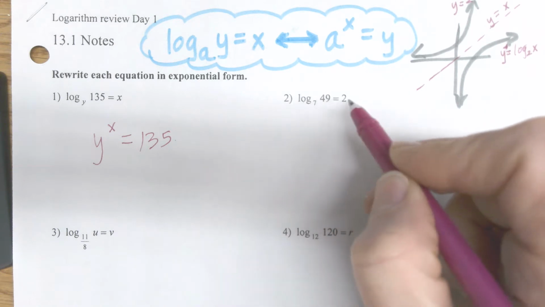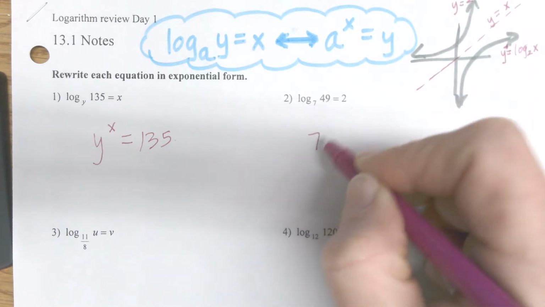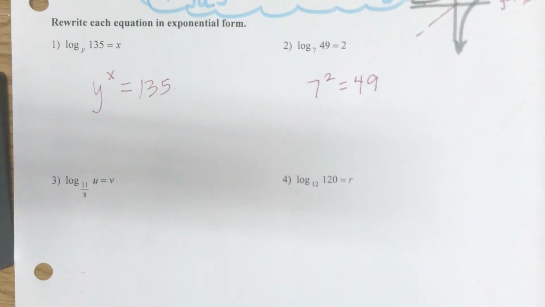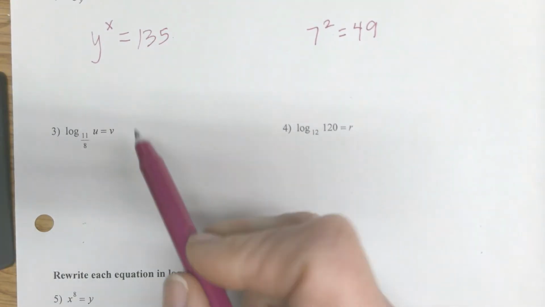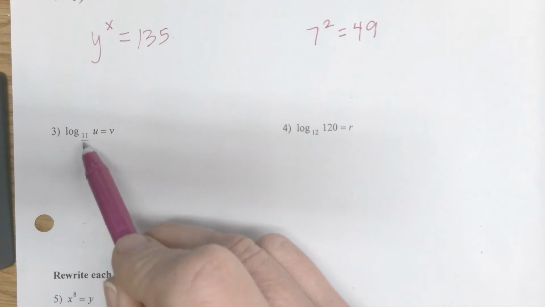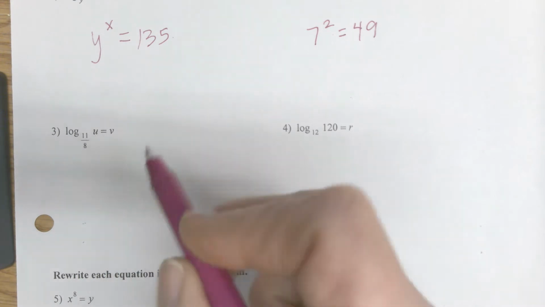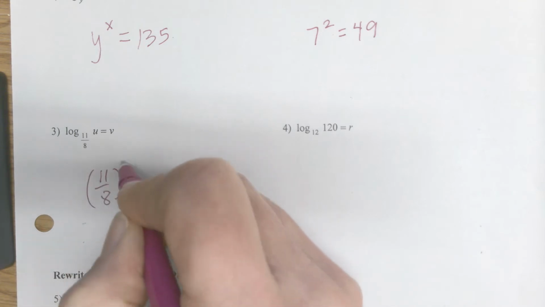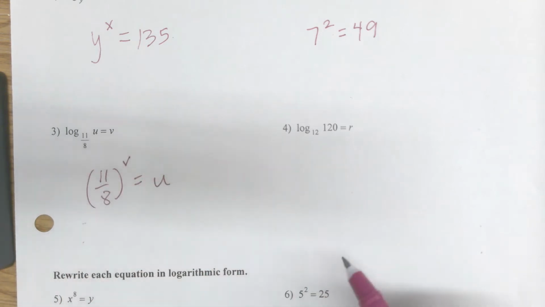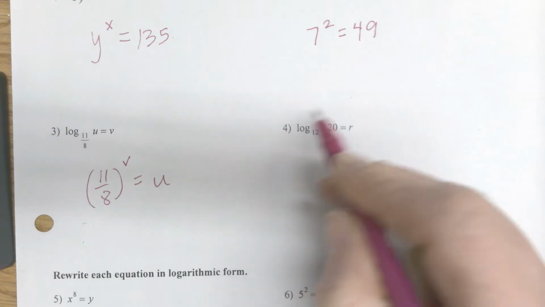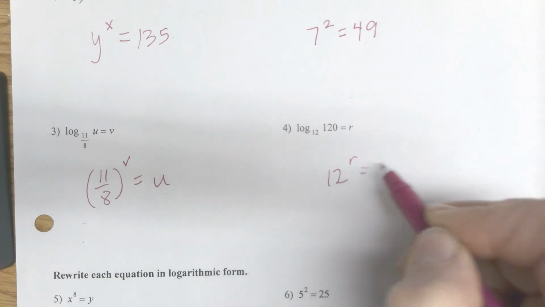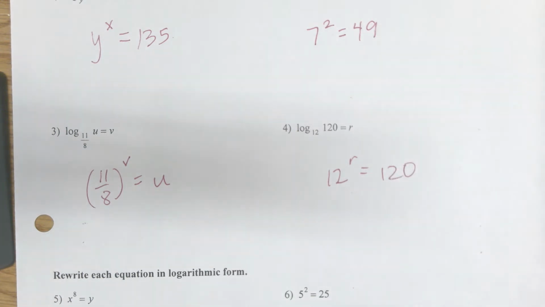Log base 7 of 49 is 2. 7 squared is 49 would be the translation for that one. Log base 11/8 of u is v. 11/8 raised to the v power equals u. And our last one, just another quick practice, 12 to the r is 120.